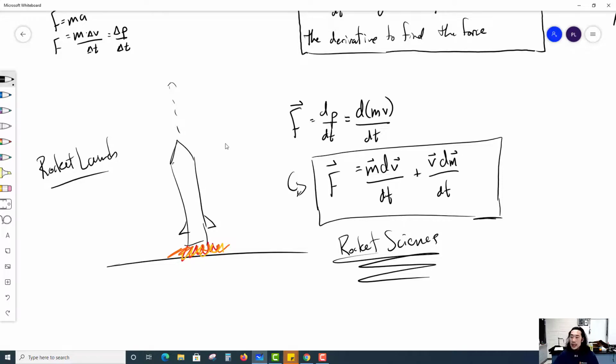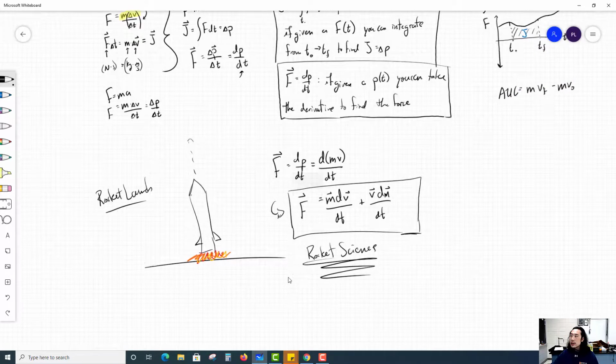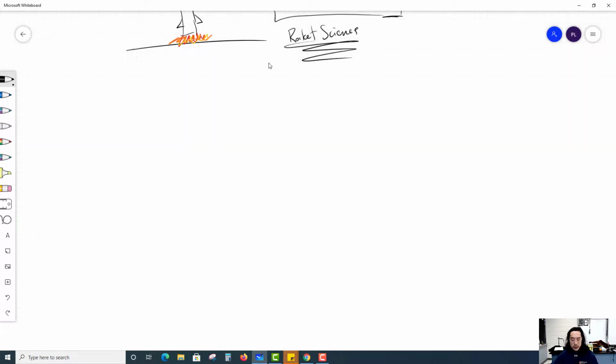All right. The last thing I want to end with is the relationship between the variables for impulse. Okay, so we're going to come up with different scenarios. So we know that impulse is equal to delta p, which is equal to force times delta t, and we have some vectors up there. Let's say we have two scenarios.